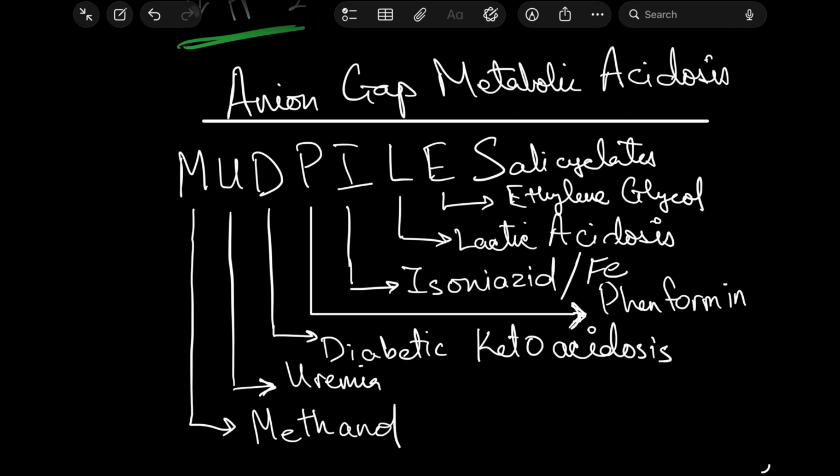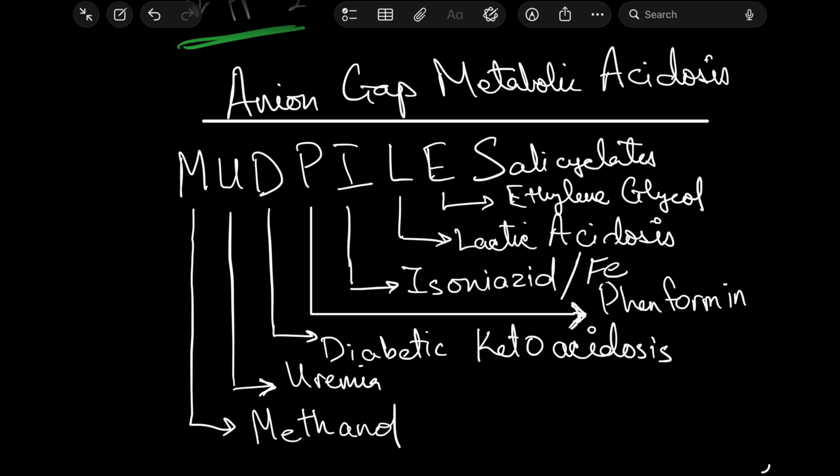Well, at the crux of it, a very simplified explanation is that you're basically adding acid into the body. Just think that if you're adding acid into the body, there's going to be an increase in the anion gap. And in the other mechanisms, which cause a non-anion gap metabolic acidosis, you're not really adding acid into the body.